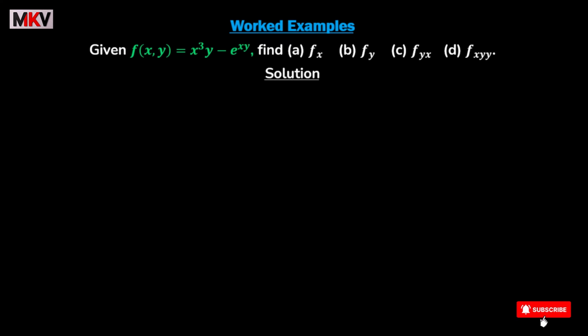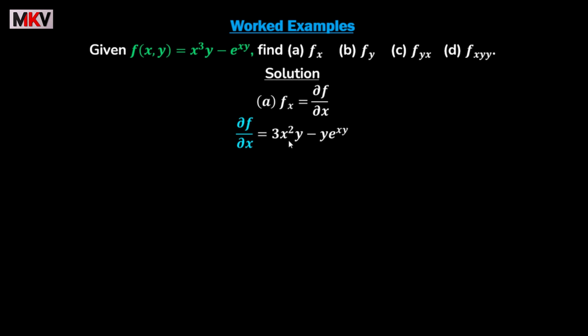Into the solution, we first find f sub x of the function. The function is x cubed y minus e to the power xy. We keep y constant, then we differentiate the x. So x cubed will leave us with 3x squared, and we keep y constant, leaving us with 3x squared y.